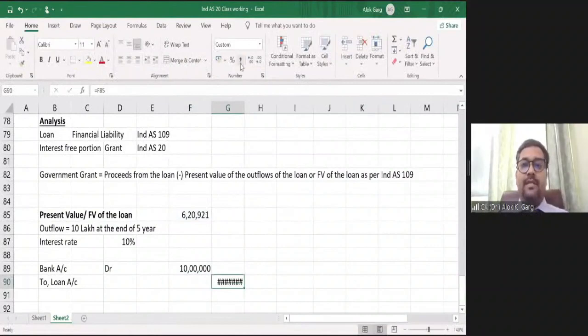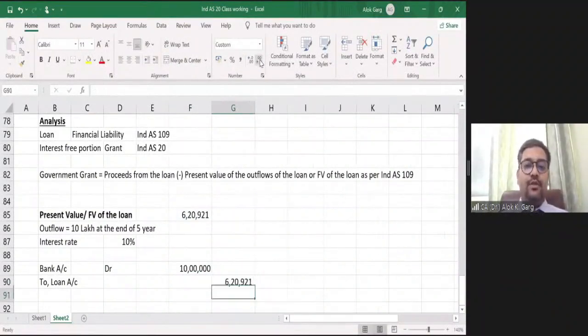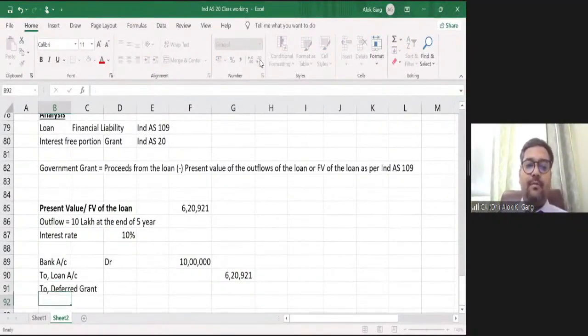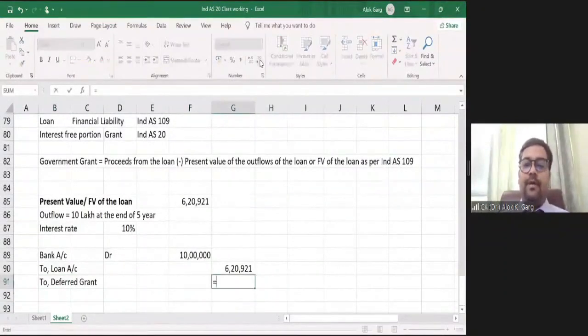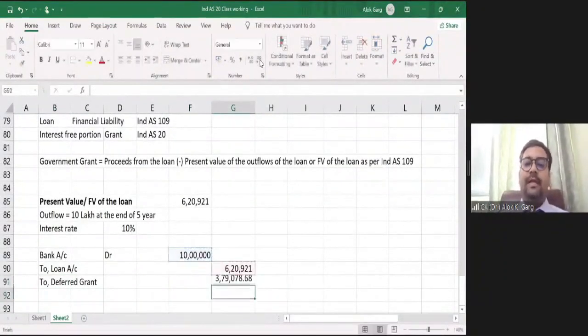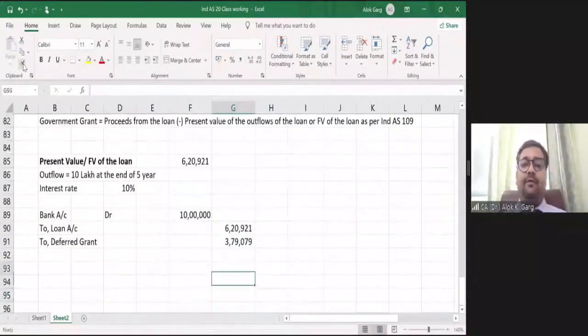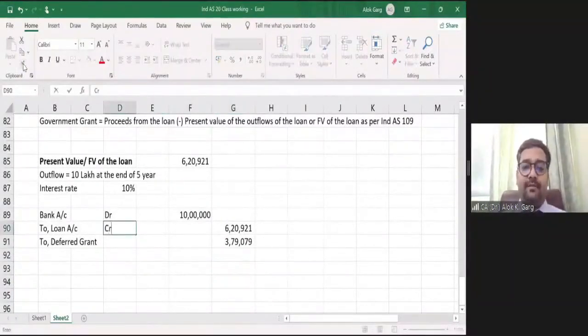To deferred grant, 10 lakh minus 62921. Is it clear, friends? 10 lakh minus 62921, so this will be credited.